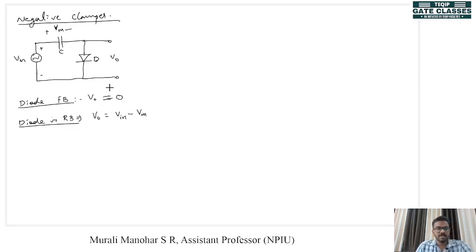So initially in a half cycle, in a full cycle, we are not considering the first full cycle. In the first quarter cycle, the capacitor has already charged to plus or minus Vm and the diode has already turned off. We'll see the cycles after steady state. Okay. So let's say steady state has already reached.